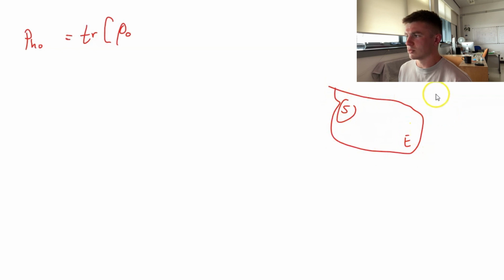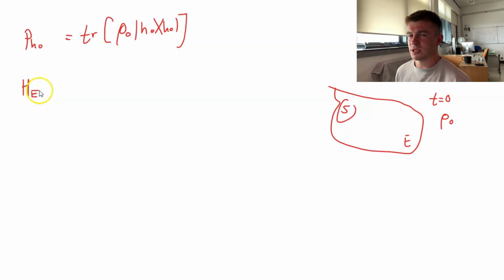So at time t equals 0, the state of this entire thing is going to be rho 0. And to get the probability of getting h0, we simply take the trace of rho naught with the projector onto h0.